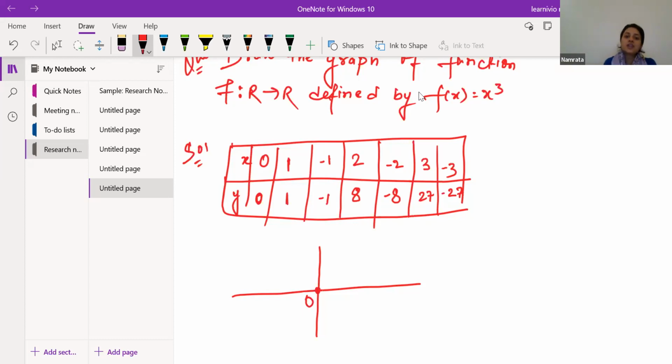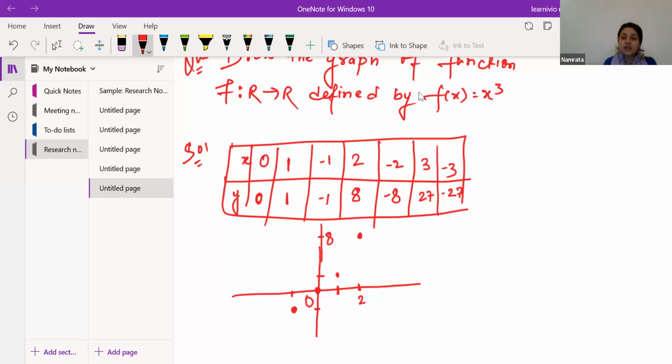The second point is 1, 1. The next point is -1, -1. The next point is 2, 8. So when x is 2, y is huge. That is 8, somewhere here.